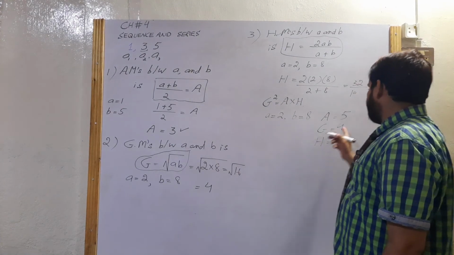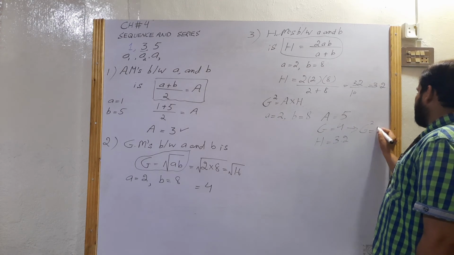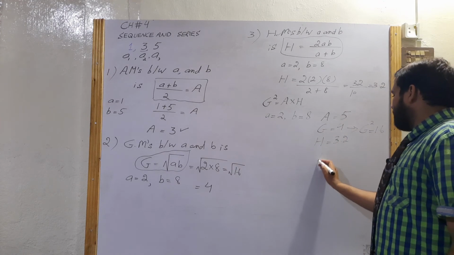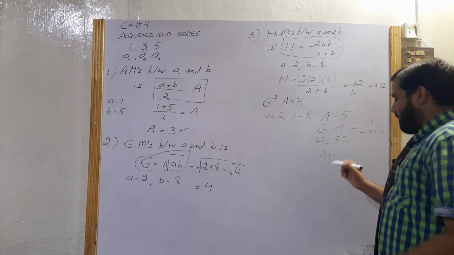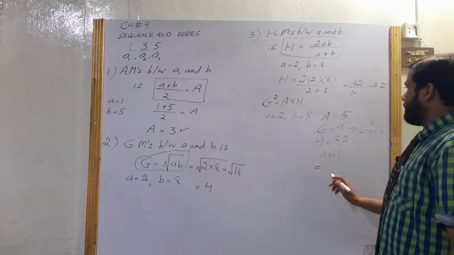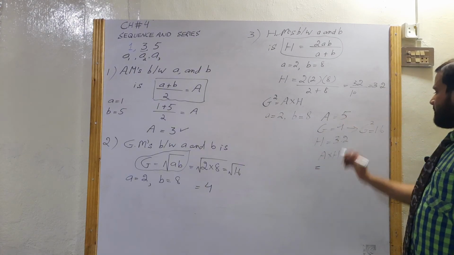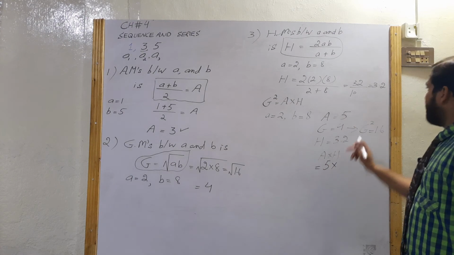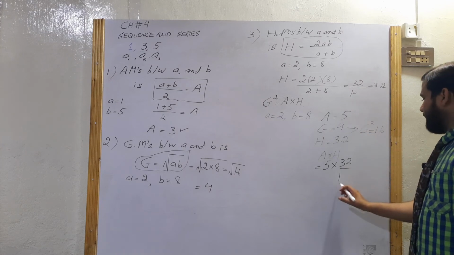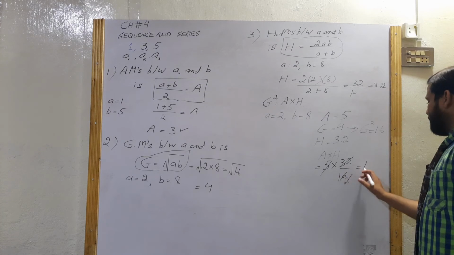G squared, 4 squared, is equal to 16, and the product of the arithmetic and harmonic means: A, which is 5, multiplied by harmonic 3.2, or 32 divided by 10. After simplification, 5 2s are 10, 2 32, this is equal to 16.